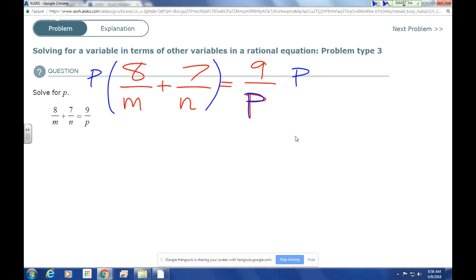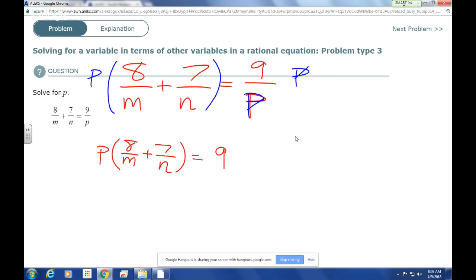So this cancels, and I can rewrite this as P parentheses 8 over m plus 7 over n equals 9. Now what do you want to do?